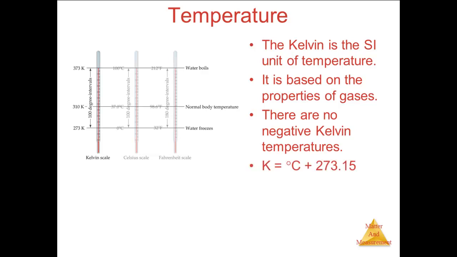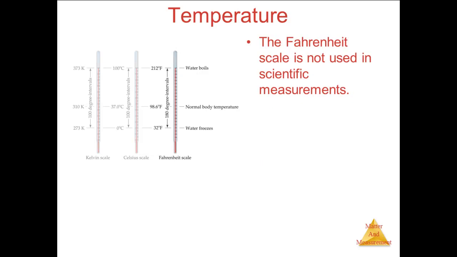The Kelvin and Celsius scales have degrees the same size, but with 0 at different places. The Fahrenheit scale is used for common temperatures in the United States, but is not used in science. The relationships between Fahrenheit and Celsius are given in these 2 equations.